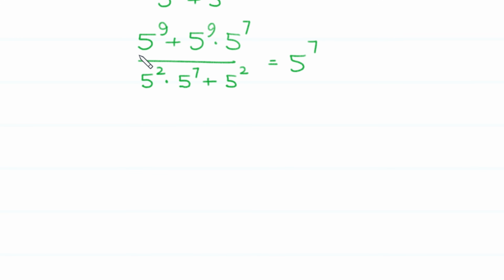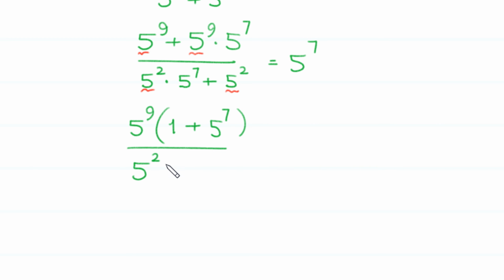Now from here we can factor out 5^9: 5^9 times (1 plus 5^7) divided by, and from here we can factor out 5 squared: 5 squared times (5^7 plus 1), is equal to 5^7.